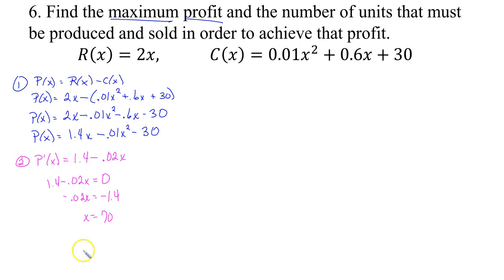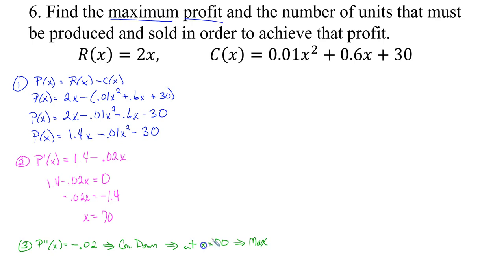So again, just to confirm that this is indeed going to give me that maximum that I want, I'm going to find the second derivative of this function. The second derivative of this function is negative 200ths, and so again this is concave down, and since it is concave down, that means that at x equal to 70 we will get a maximum.